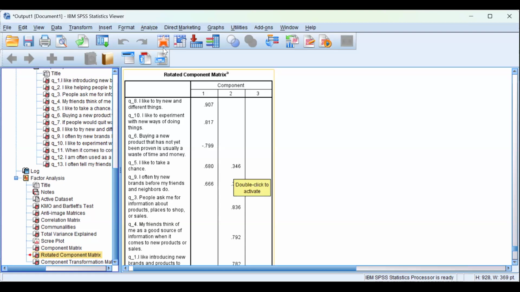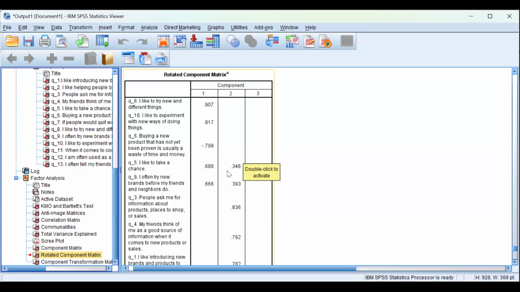Here I have suppressed the correlations. If you remember, I suppressed them so that values less than 0.3 are not visible. If I don't suppress, you will see all the values, even those lesser than 0.3. Just to make this a clear table, I have suppressed those values.